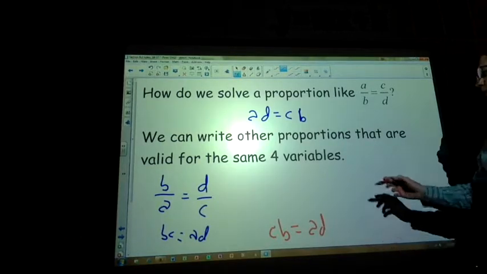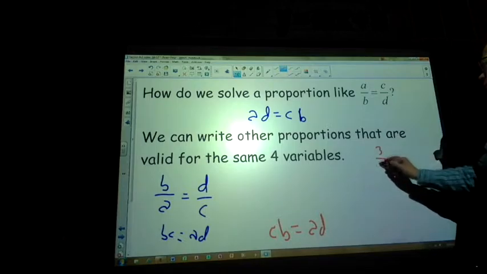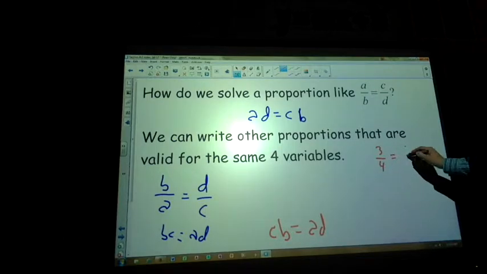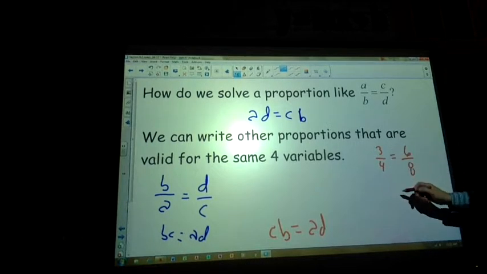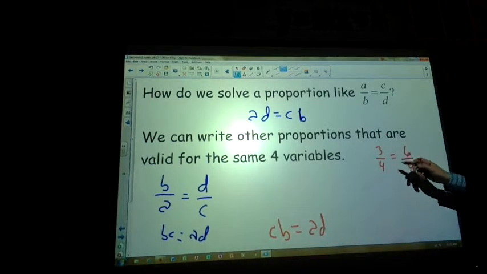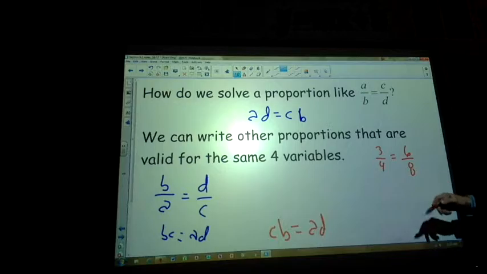Let's do this. 3 over 4 equals 6 over 8. Okay? So that gives me 24, 24. So what's another way I can get 24 and 24 rearranging my numbers?